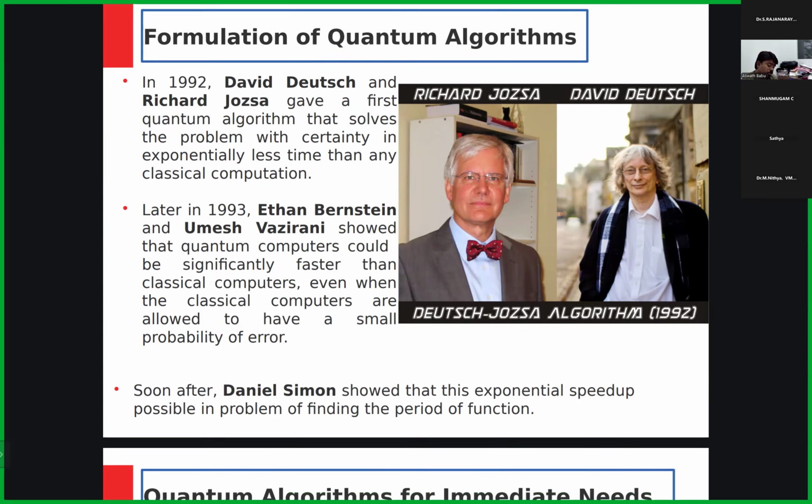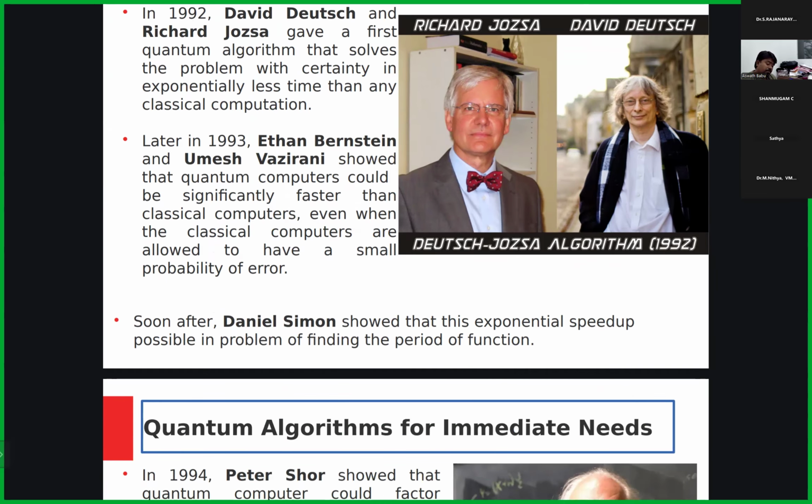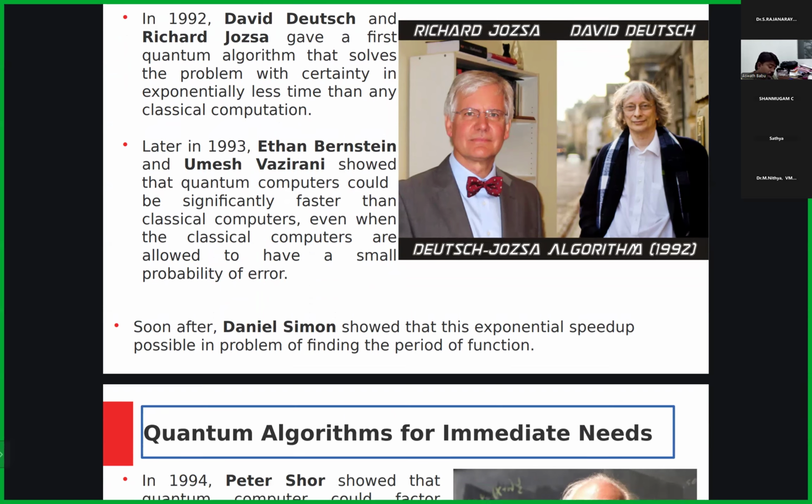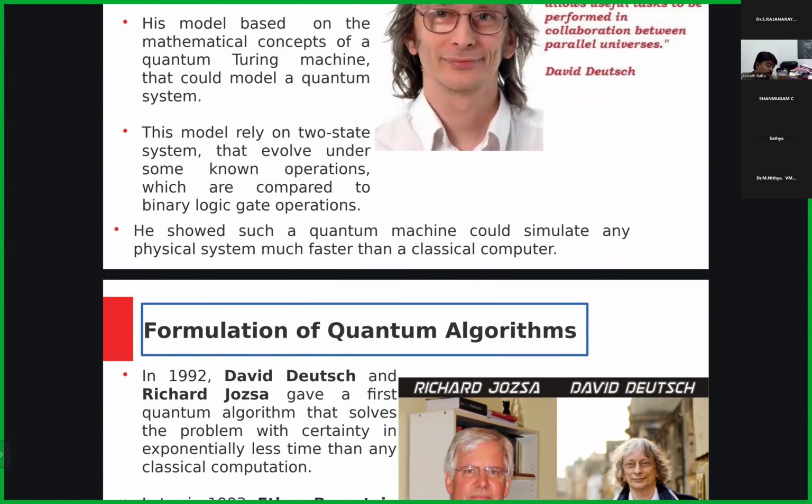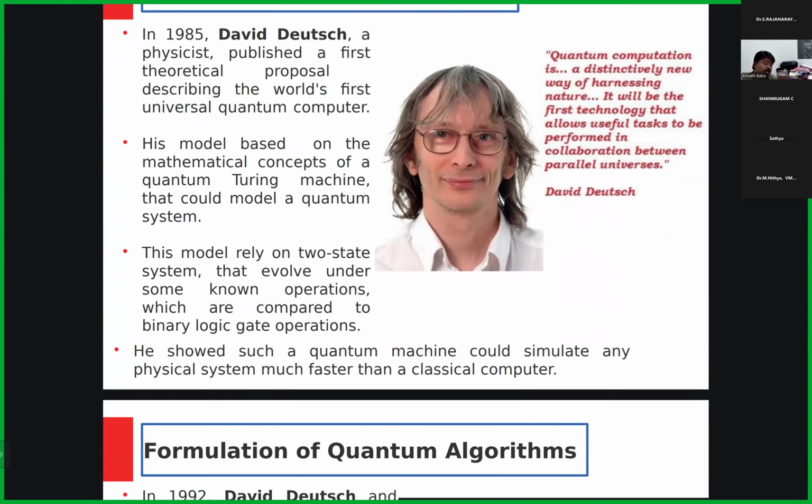Later on, another scientist, Daniel Simon, showed that an exponential speedup is possible in finding the period of some function. If you use a quantum computer, you can find the period of a function much faster than a classical computer.